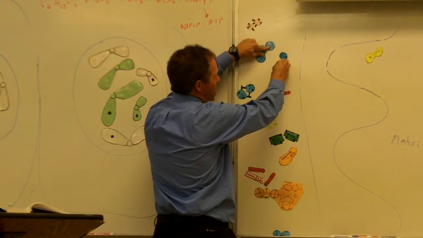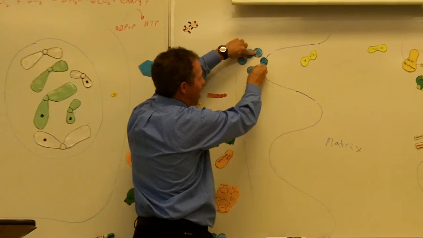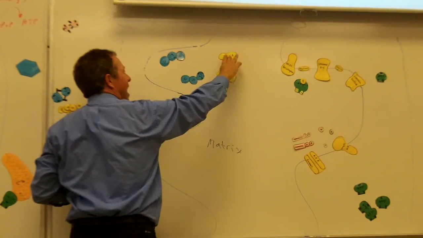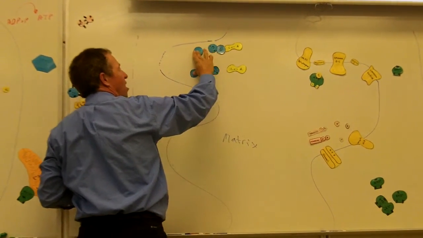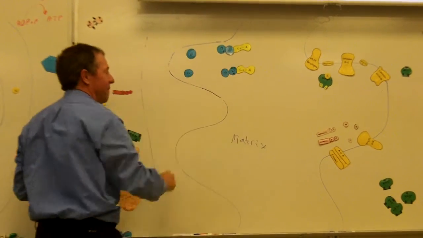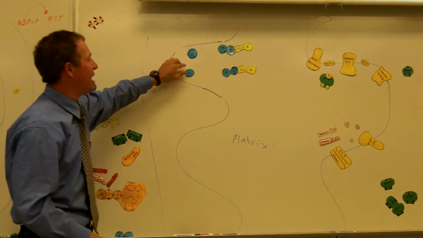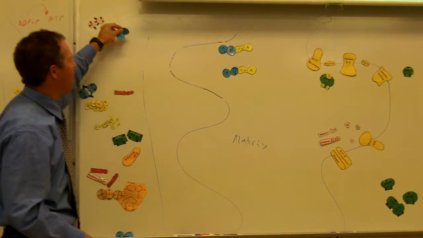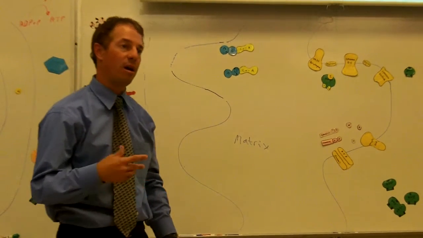The pyruvate goes into the mitochondrion, and there's some CoAs waiting, and the pyruvate hooks to the CoAs, and carbon comes off, and now we have acetyl-CoA. And this carbon exits the mitochondrion in what form? CO2. Carbon dioxide. That's some of the carbon dioxide that you end up breathing out of your body.